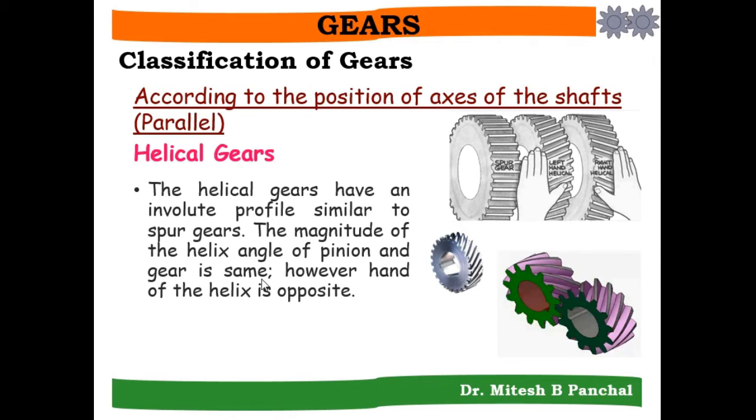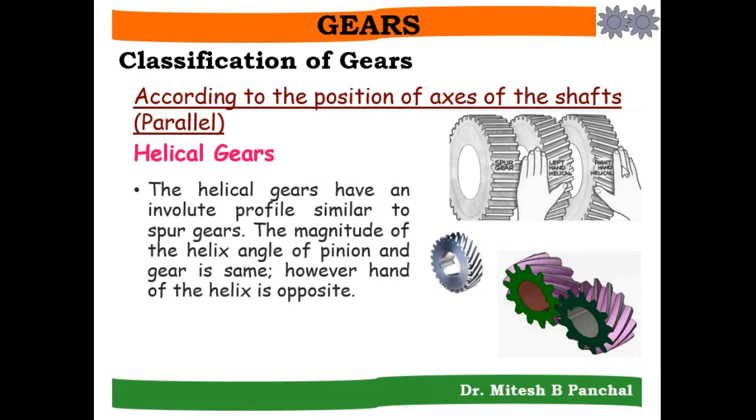In this figure, we can see how to identify whether the helical gear has a left hand helix or a right hand helix. For the left hand helix, if we consider our left hand, and the thumb direction is aligned with the direction of the tooth, then that type of helical gear is known as the left hand helix gear.